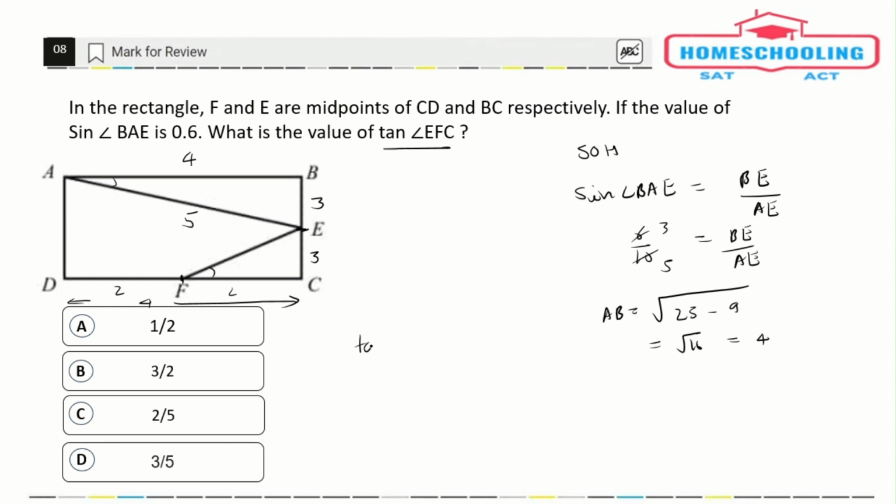So tan angle EFC, SOHCAHTOA, is opposite by adjacent. The opposite is 3, the adjacent is 2. So tan angle EFC is 3 by 2. So this is your answer.